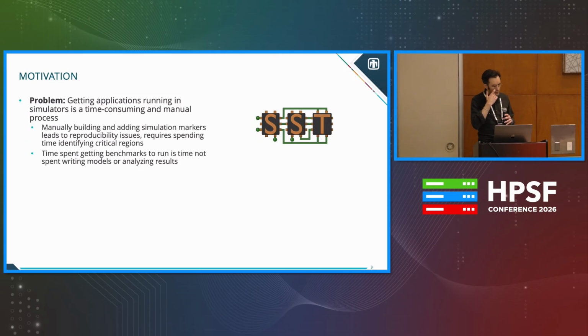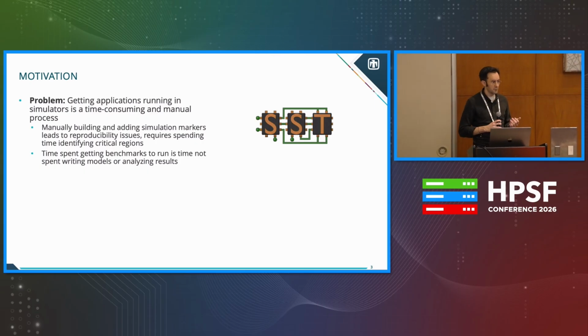So, quick motivation. The problem we face is that getting applications up and running in your simulator is a time-consuming process. It's often very manual, and manually building and adding simulation markers is going to lead to reproducibility issues when someone built the input program in a different way.